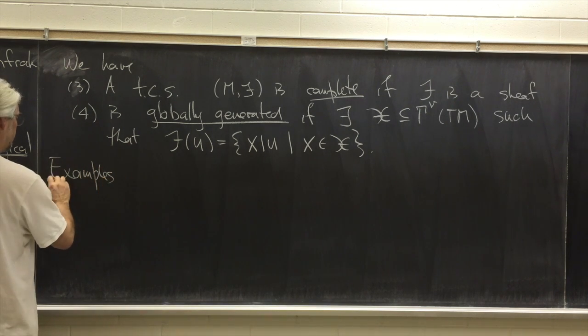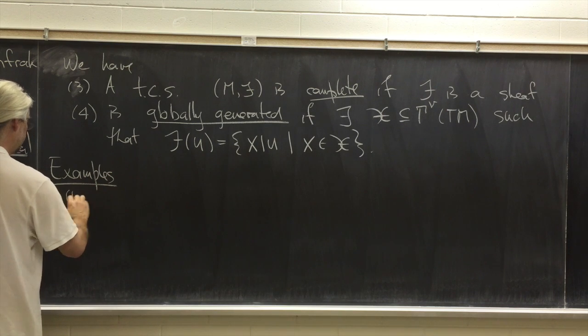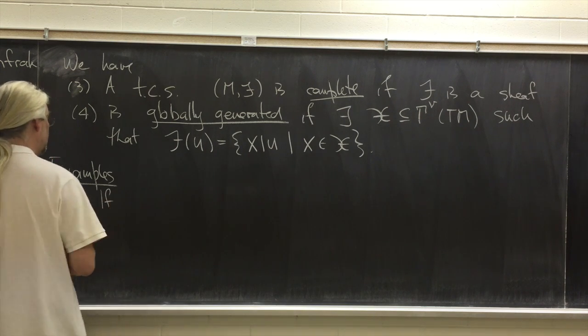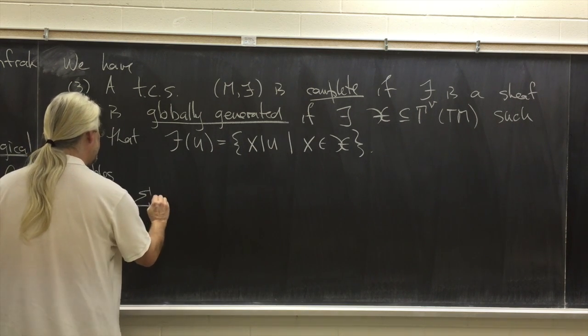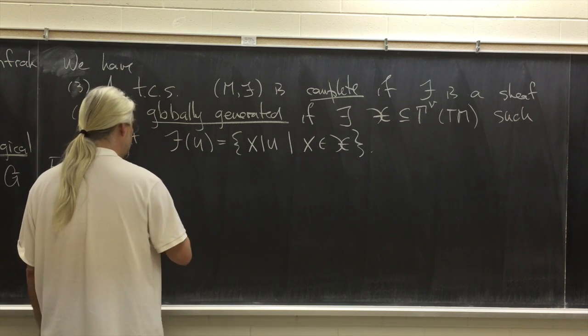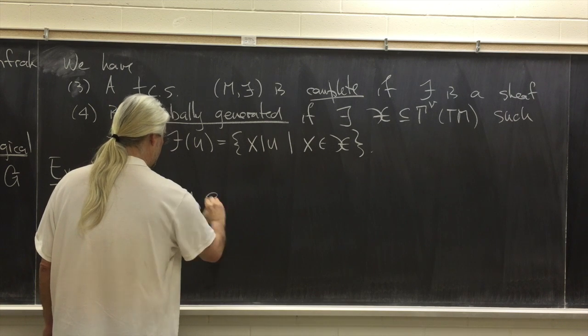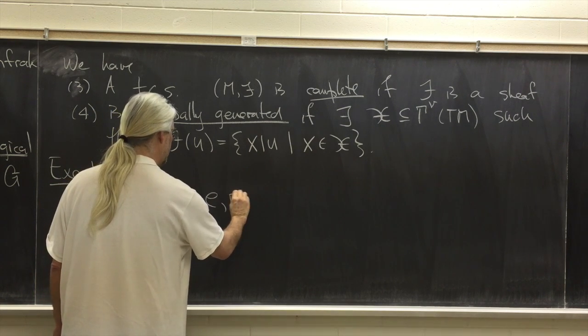All right, so the first thing we should do is talk about examples. The first thing is that if you have a control system in the sense that we talked about before, I forget the order I used.